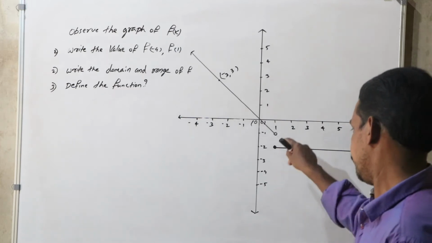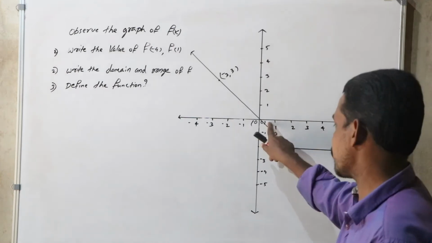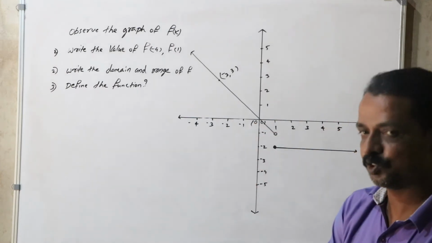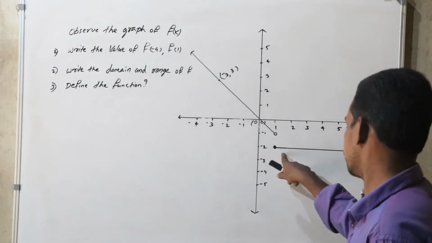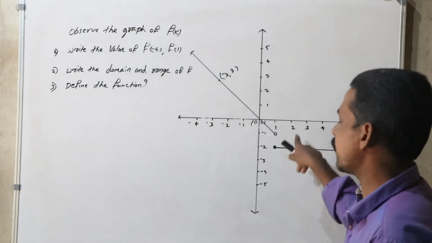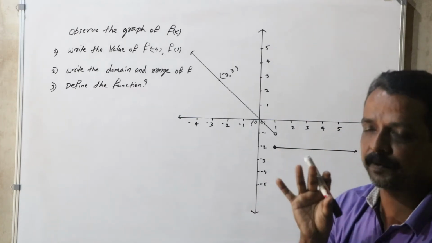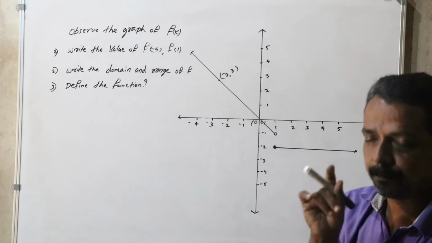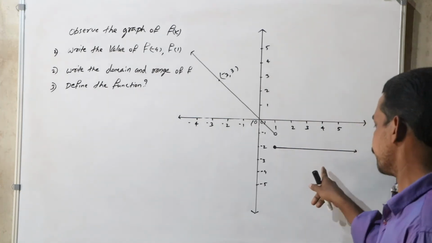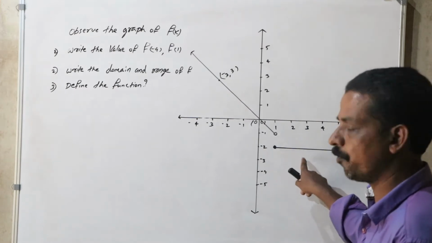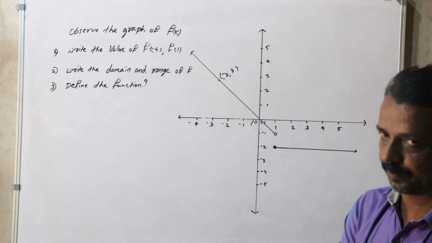Why? This is parallel to the x-axis. The x-axis is perpendicular to the y-axis. Here, this line is parallel to the x-axis and it represents only minus 2 on the y-axis. That is important. The end of the graphical line is closed, which means a closed interval.